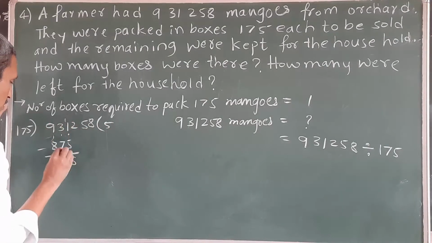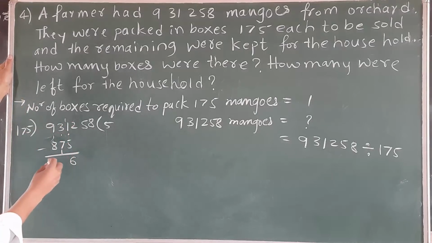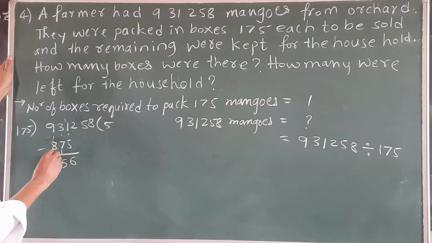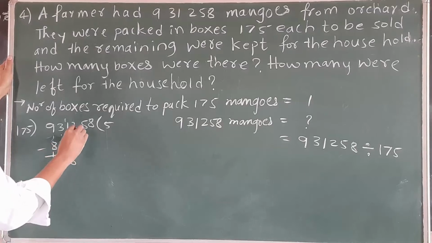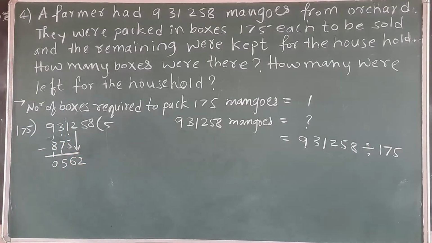Subtract. This one is 6, 13 minus 8 is 5, this one is 0. Take the next one down and write it here, it becomes 562. Once again, 175 threes are 525.